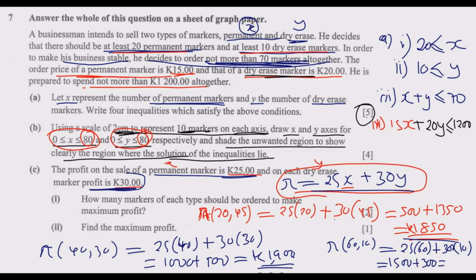So this is 1800. So 1800 is less than the first one that we found and less than this one.